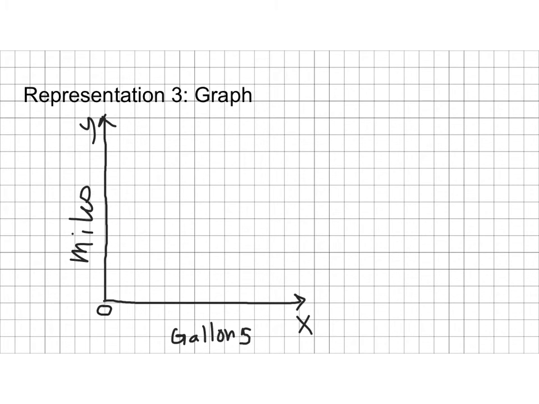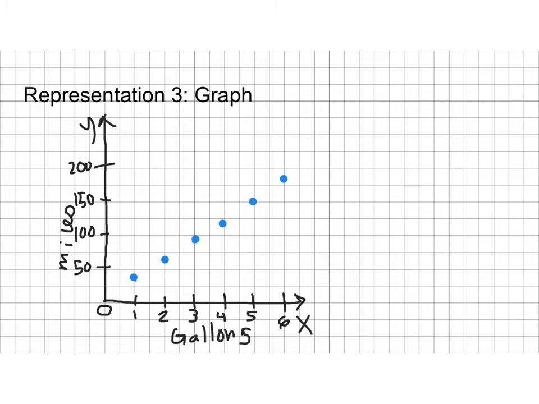We'll pick an appropriate scale for each axis, and then we will plot our points. And then we have to decide, should we connect the points or not? Can you use half a gallon of gas? Can you use 1/8 of a gallon of gas? Yeah, I think so. So I'm going to connect the points.